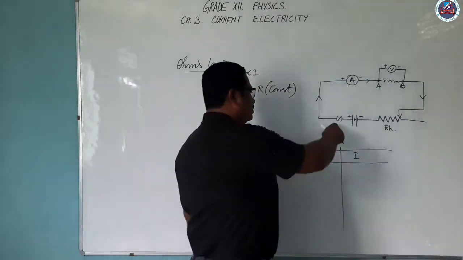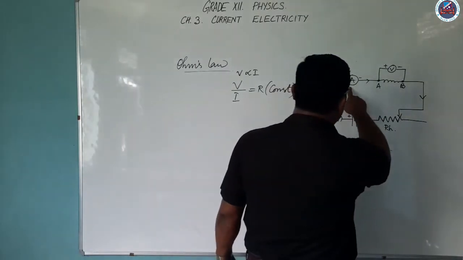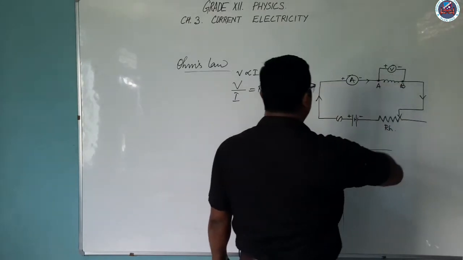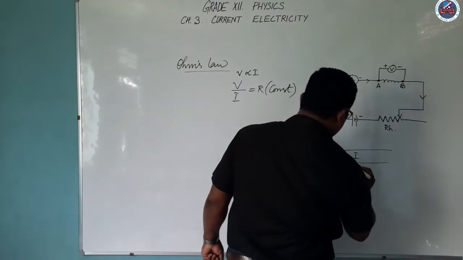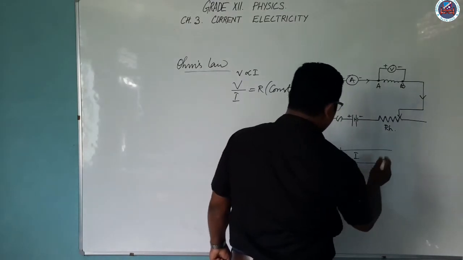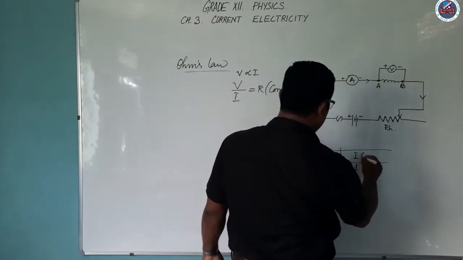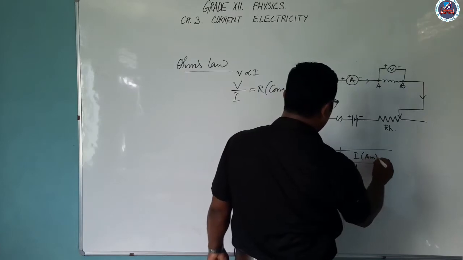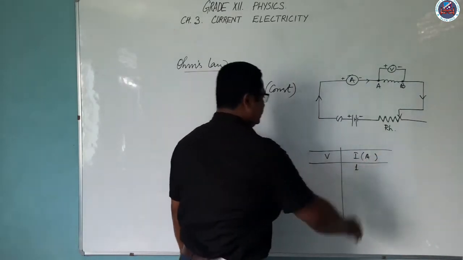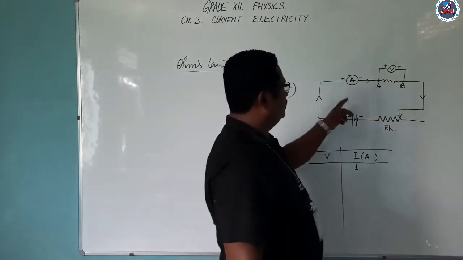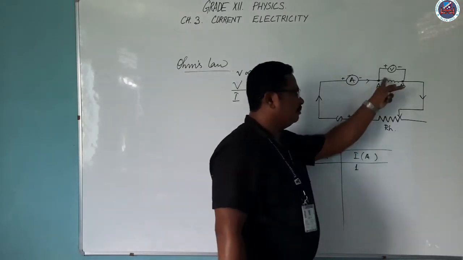Now, as soon as I switch it on, I can see the pointer in the ammeter and voltmeter readings. In the ammeter, if I see that the current is 1 ampere, because the resistance is very high, suppose it is in ampere, which we generally write as capital letter A. 1 ampere, then there will be some potential difference.